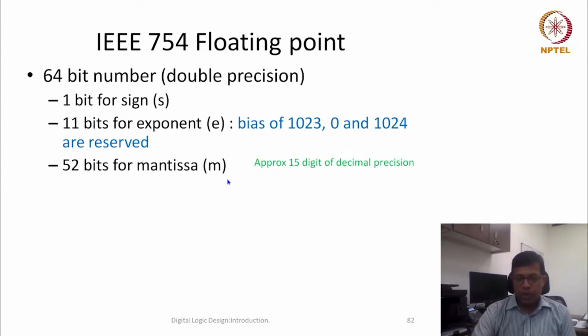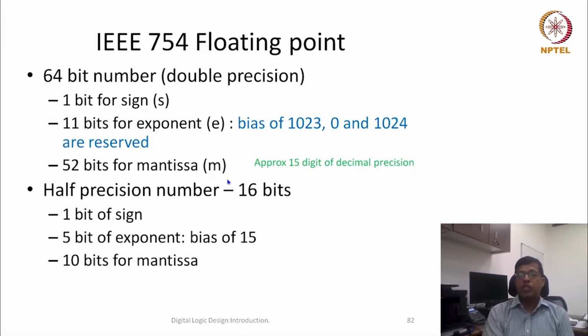Okay, so sometimes we also require to be efficient in computation as well as efficient in space. Space means how many bits are required to represent some number. So that's why sometimes we also use half precision floating point numbers. Half precision floating point numbers would be represented in 16 bits.